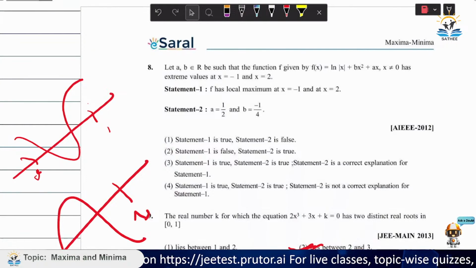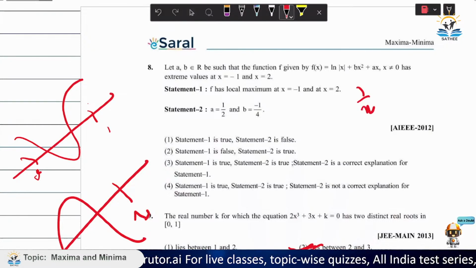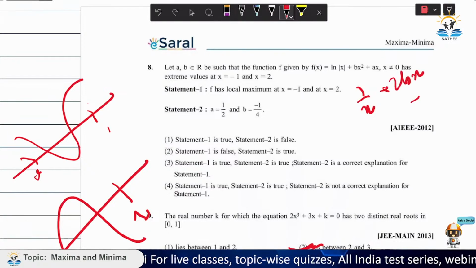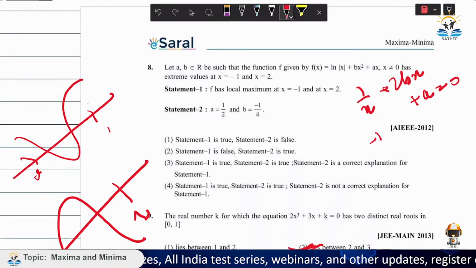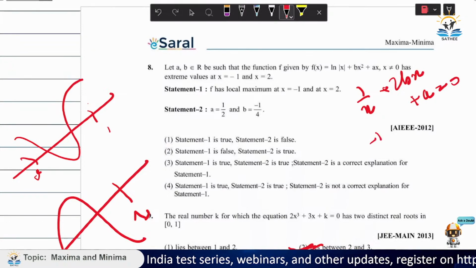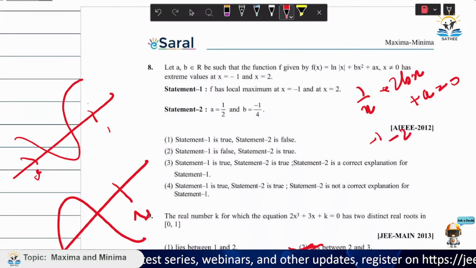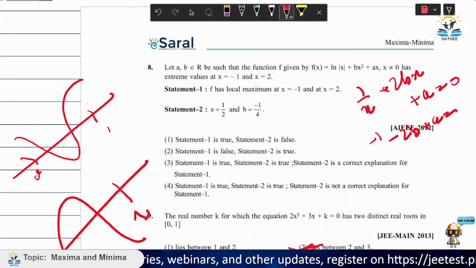Okay, that's very easy. What we do here is we calculate f dash of x. Let me calculate that for you guys. It would be 1 by x plus 2bx plus a is equal to 0, right? And putting the value -1 here, what do we have? -1 minus 2b plus a is equals to 0.